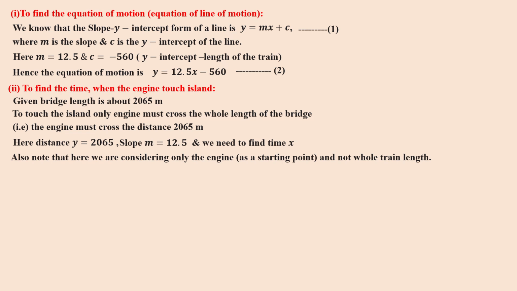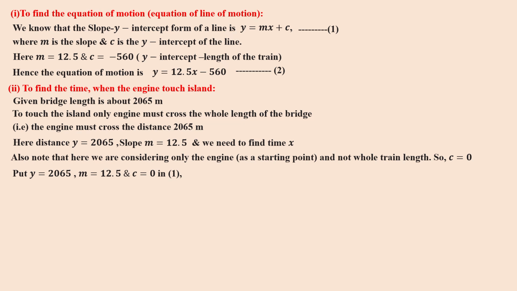Note that here we are considering only the engine, the starting point, and not the whole length of the train. So the y-intercept is 0, because the engine starts at the origin.